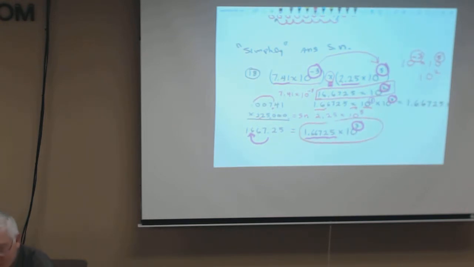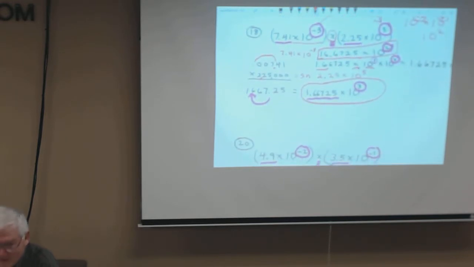It just looks like a work of art. 1.66725 times 10 to the 3rd, because 10 to the 1st times 10 to the 2nd adds up to 10 to the 3rd when you're adding the exponents. Well, I can tell you're not really all that excited about scientific notation, are you? Well, scientists think it's so cool.